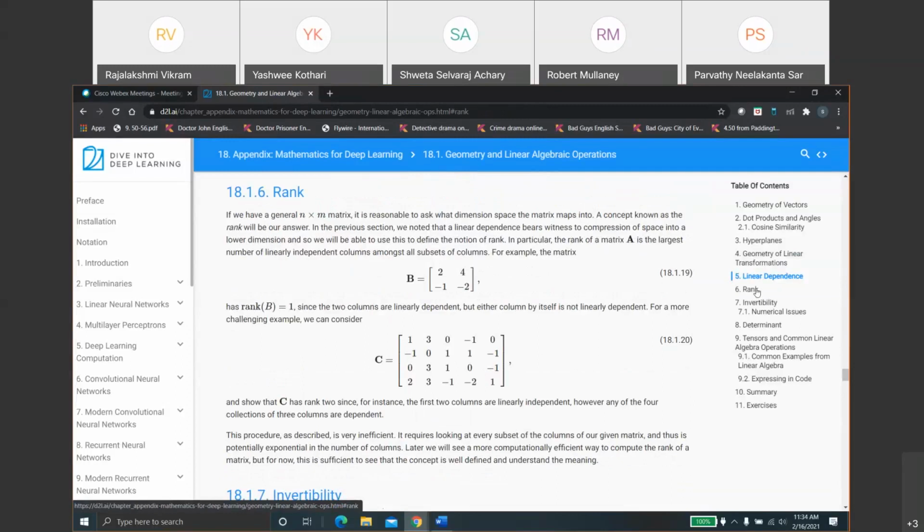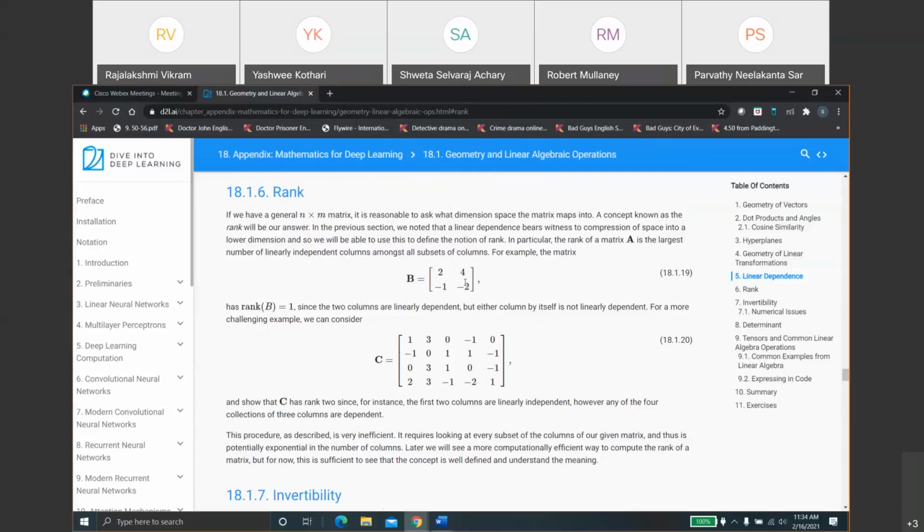So what is a rank? The rank is basically the largest number of linearly independent vectors in the matrix. Okay, so here if you see B, you can see B2 is twice B1, right?